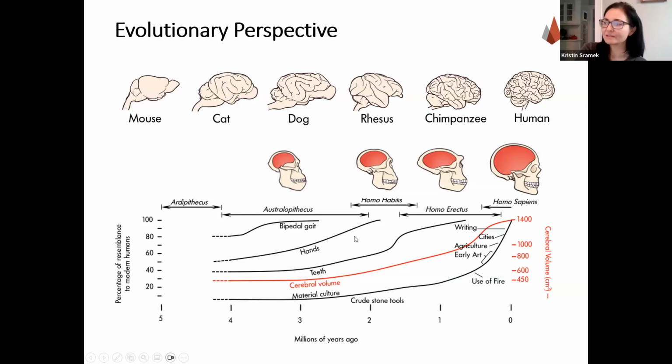In particular, what begins to differentiate us are things that require abstraction and additional complexity, especially the amount of time that we are allowed to spend socially. So the abundance of food in particular, which arises from agriculture, and then the formation of cities and art, the use of fire, which actually preceded that.